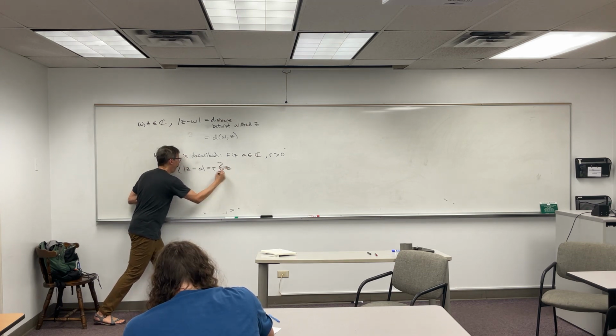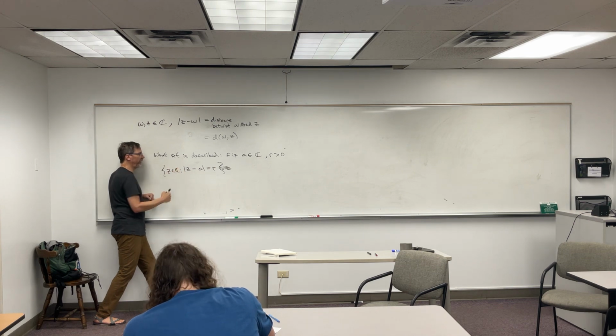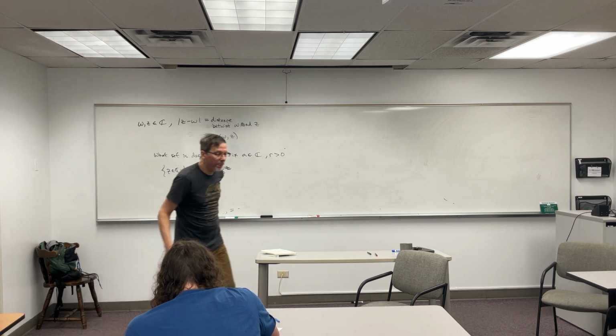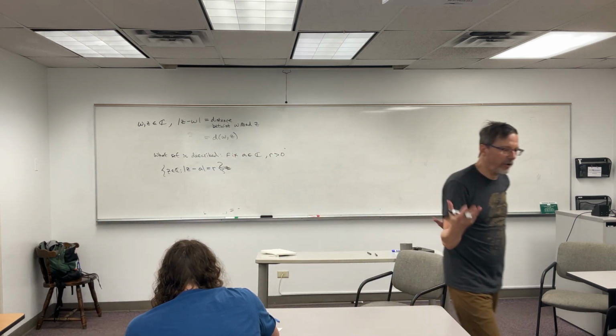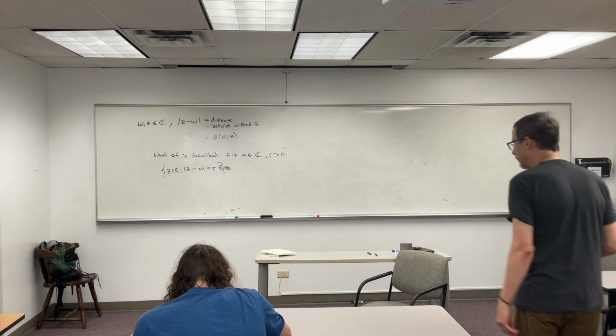So this is the set of all z in C such that that is true. What does that look like? Think of the interpretation of modulus of z minus A as distance. What are we describing here? Picture.